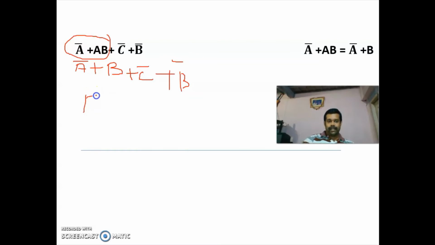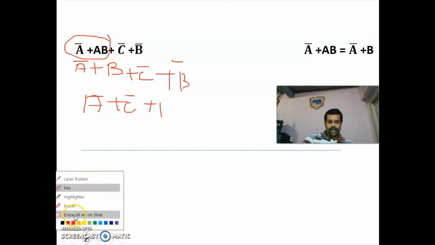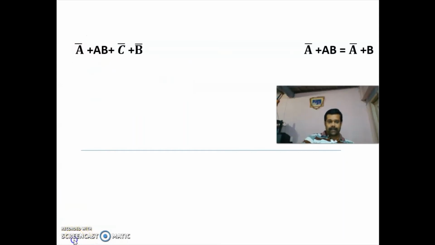So you'll be getting A bar plus C bar plus 1. 1 plus anything is 1. So this is the answer. We are writing this as A bar plus AB is equal to A bar plus B.